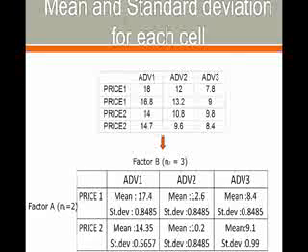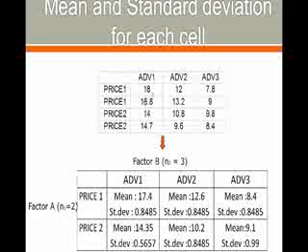I start with the information that I have here. For price 1, advertising 1, I have 18 and 16.8. The average is 17.4. The average between 12 and 13.2 is 12.6. 7.8 and 9, it's 8.4.